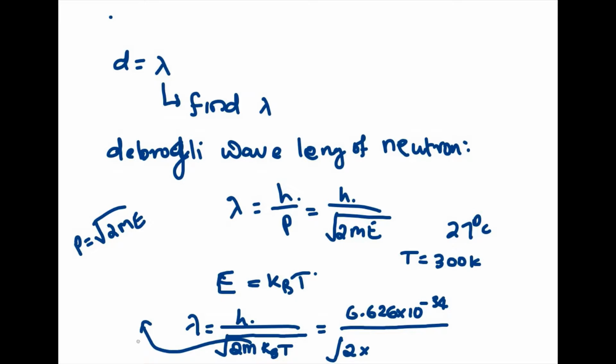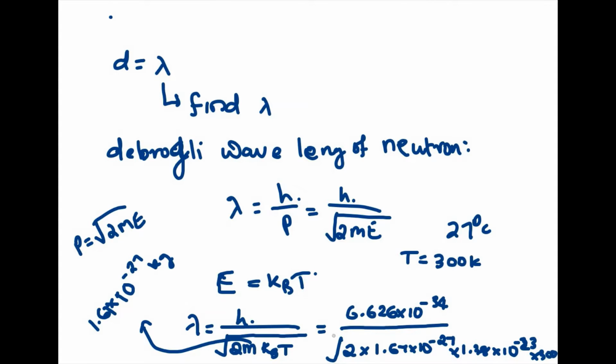The mass of neutron is given in the question: m is 1.67 into 10 to the power minus 27 kilogram. So put that value, 1.67 into 10 to the power minus 27 into kB. kB is 1.38 into 10 power minus 23 into 300.